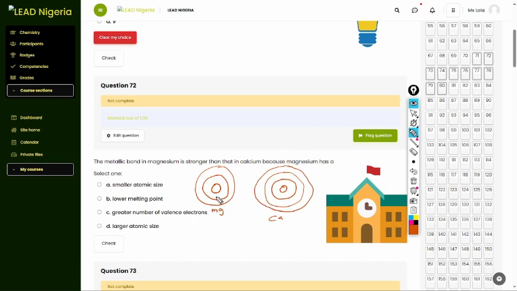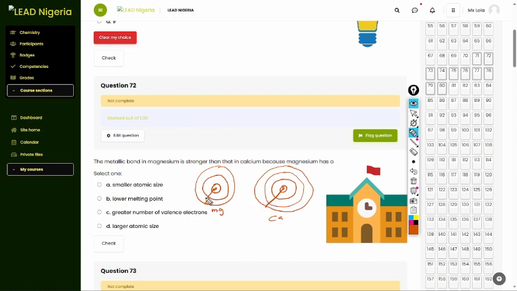So the strength of a metallic bond is dependent on how strong the attraction is between the center of the nucleus and the electrons in the outermost shell. So this is a measure of the atomic radius. The atomic radius is the distance from the center to the outermost shell. So the atomic radius of magnesium measures from the center to this point, while that of calcium measures from the center to this point.